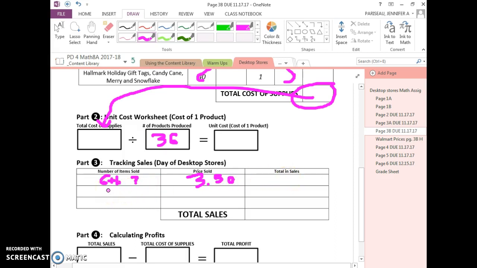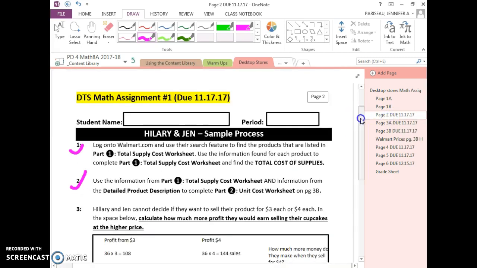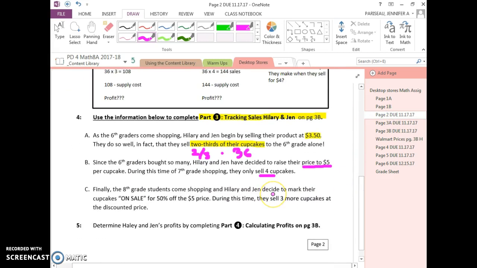How many did they sell at 7th grade? And they said that they raised it to $5. So figure out how much money they made in sales from the 7th graders. And then go back to page 2 and figure out, for the 8th graders, they're taking the 50% off the $5 price.